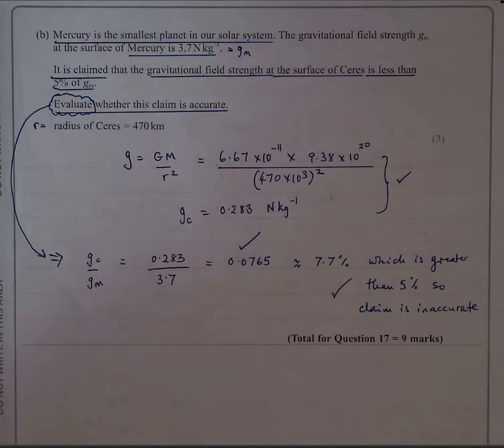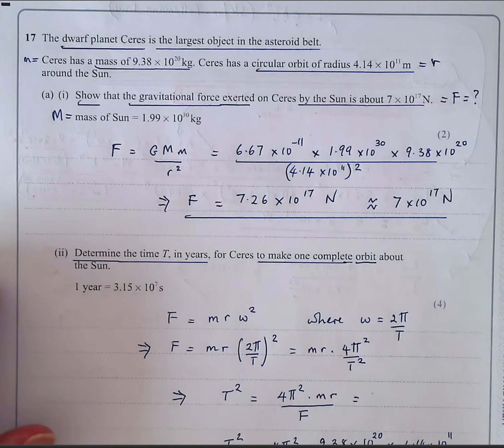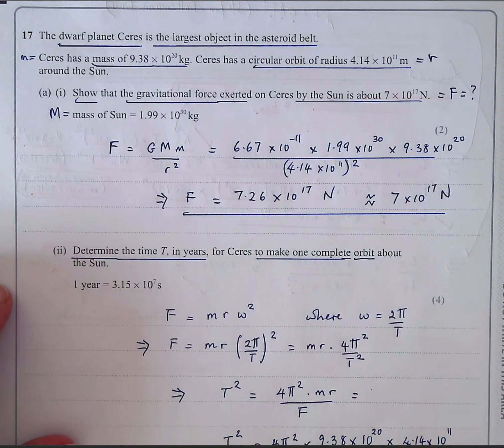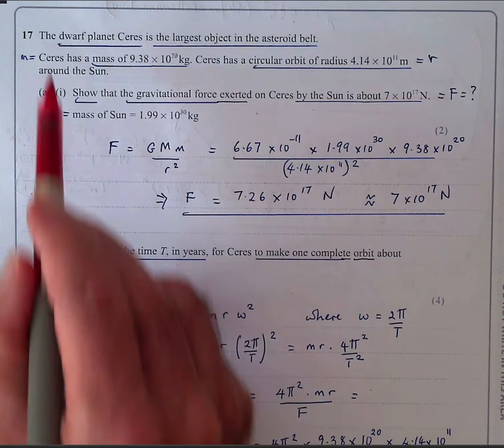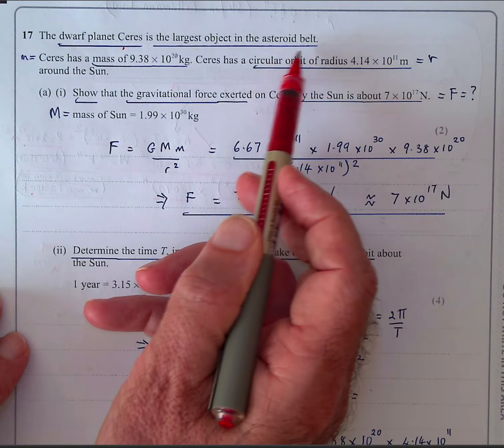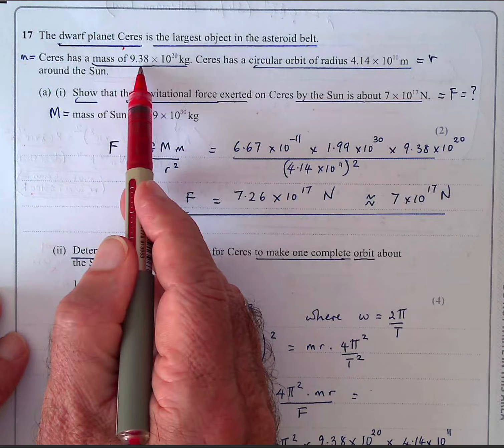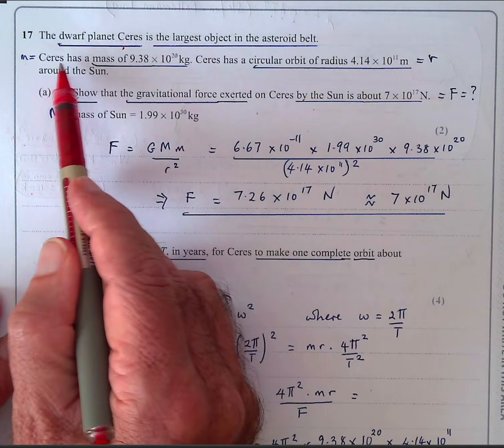So that's question 16 finished. Question 17 is also on astrophysics, or cosmology as they call it. The dwarf planet Ceres is the largest object in the asteroid belt. The M for Ceres is 9.38 times 10 to the 20 kilograms, so that's the mass.